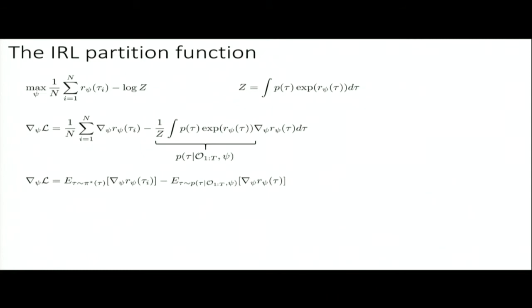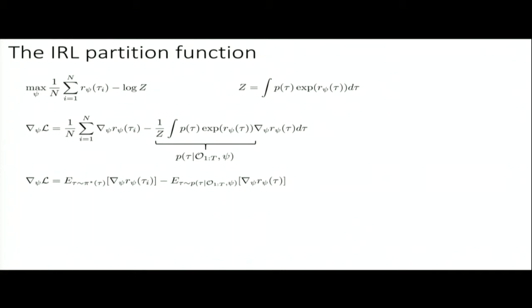The first expectation is under the data. So this is the expectation with respect to trajectories sampled from pi star, because that's where these samples come from, of the gradient of r, minus the expectation where the taus are sampled from your current model of grad r psi. So you have the expected gradient of the reward under the data minus the expected gradient of the reward under the model, which means make the data big and make the stuff from the model small.